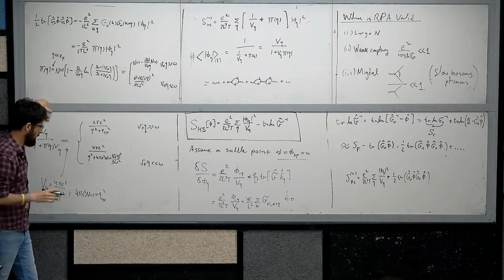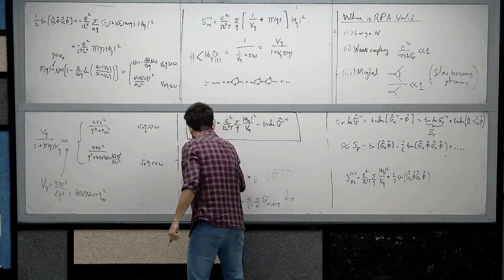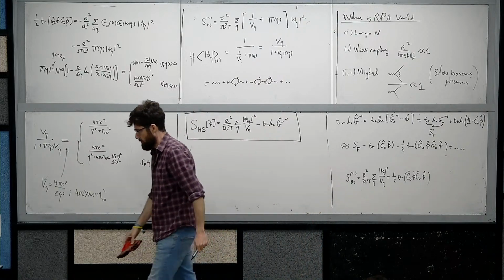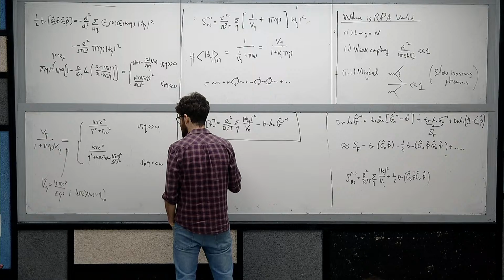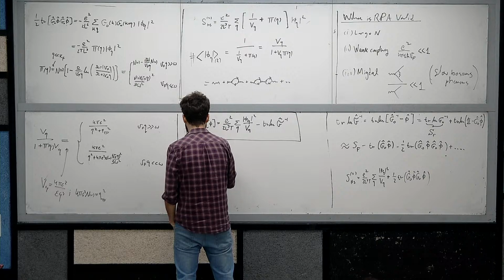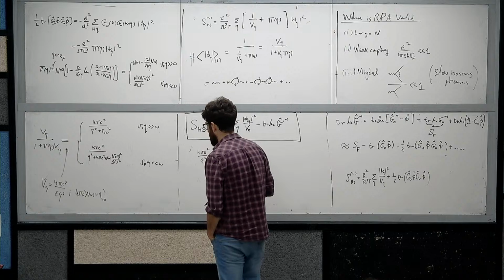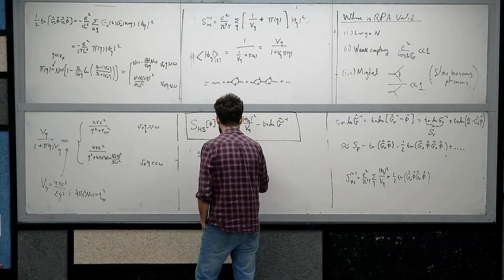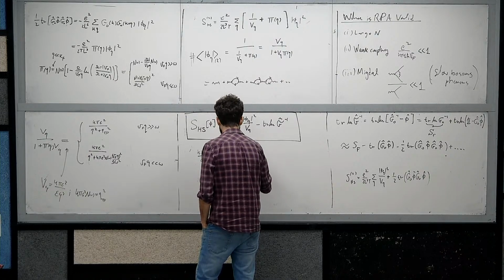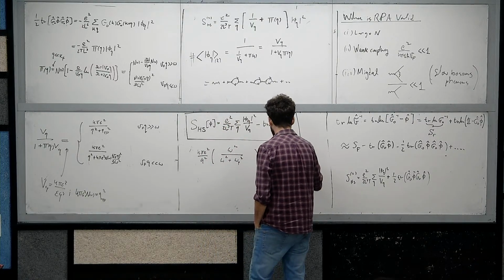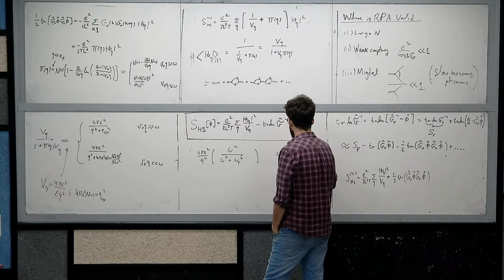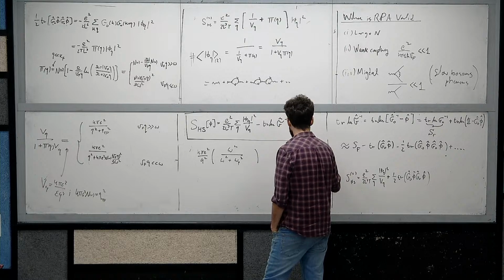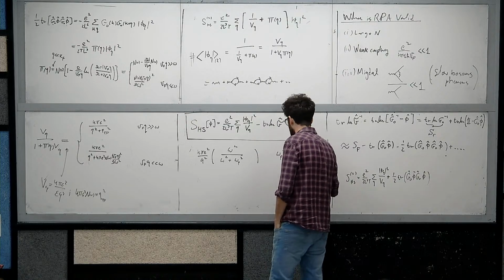I can rewrite this interaction as 4πe² over q², and then I have ω squared divided by ω squared plus ω_plasma squared, where ω_plasma squared for me is 4πe² n(0) v_F² divided by 3.